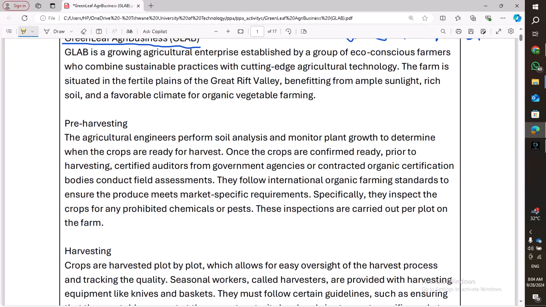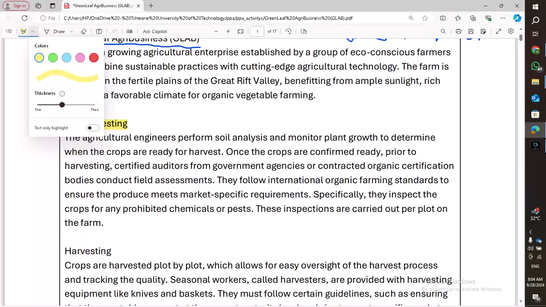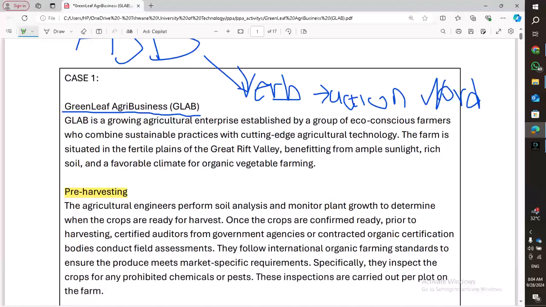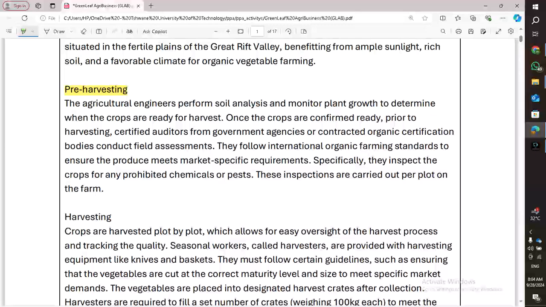Here we have what we call a subheading, which is pre-harvesting. Pre-harvesting will be the first thing in our system. So now, pre-harvesting.